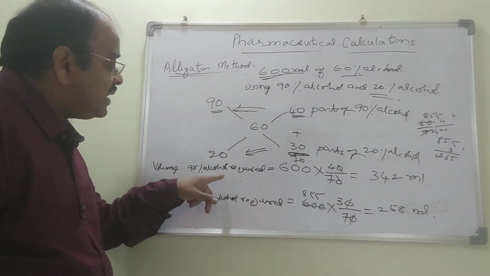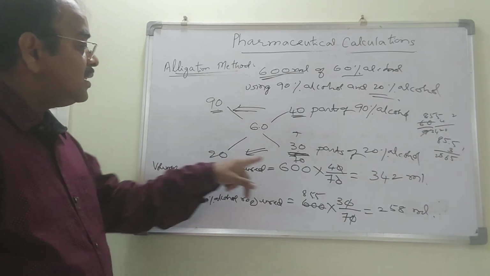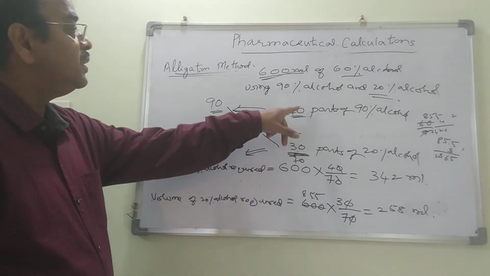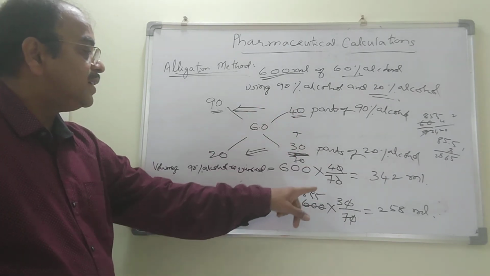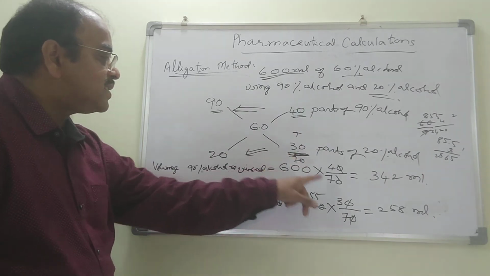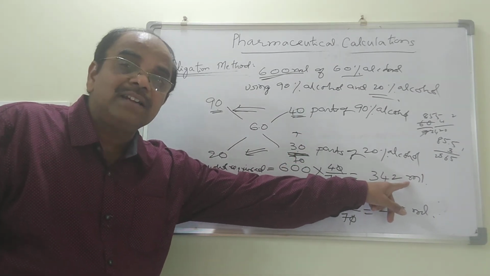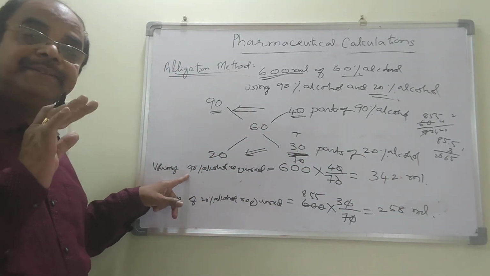Volume of 90% alcohol required is equal to total volume to be prepared, 600 ml, into number of parts of 90% alcohol, 40, divided by total number of parts, 70. When you do this, we get about 342 ml. What is this 342 ml? 342 ml of 90% alcohol required.